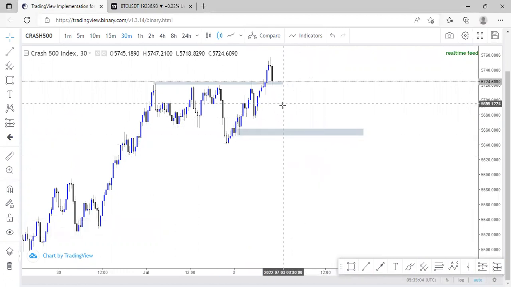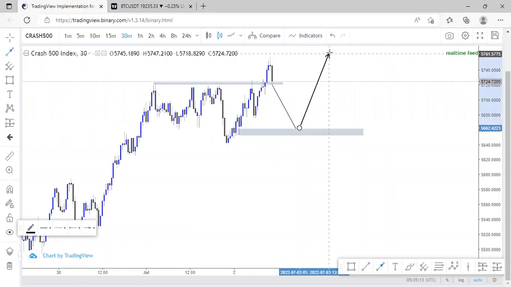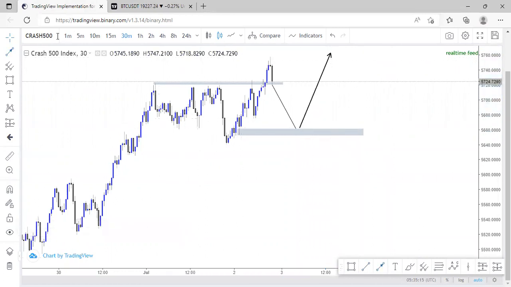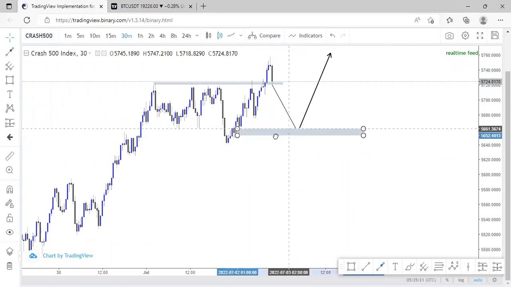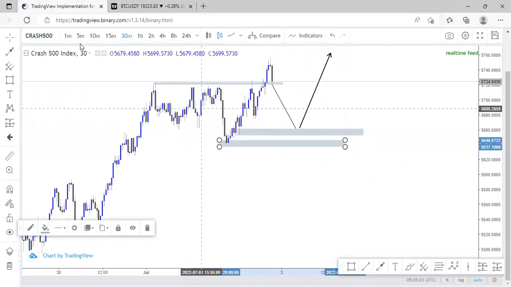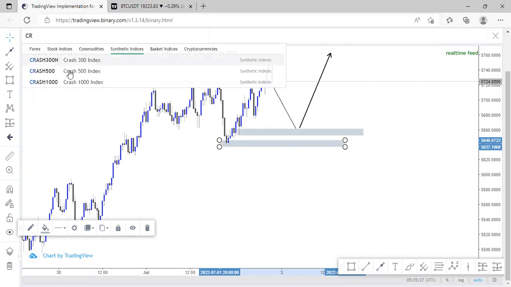All right, so this is where we are going to be buying Crash 500 from. Okay, this is where we're going to be buying Crash 500 from. Let's look at if we don't see bullish confirmation here, then we're going to use this point. Let's look at Crash 1000.